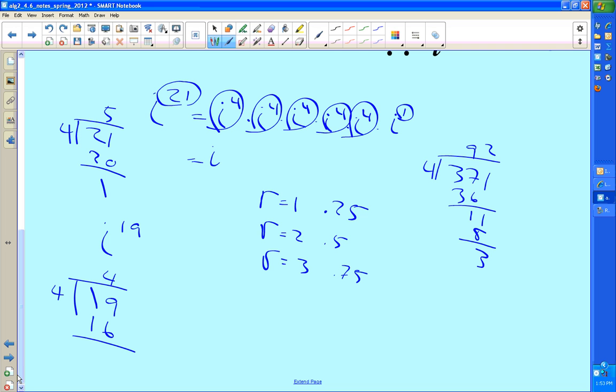When you subtract, what's the remainder? 3. What do you do with this 3 in 5th grade? Put it over the 4. So you get 4 and 3/4. What's 3 divided by 4 equal? That's where the 0.75 comes from.